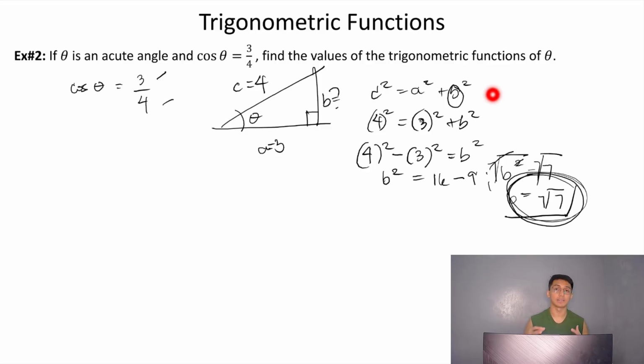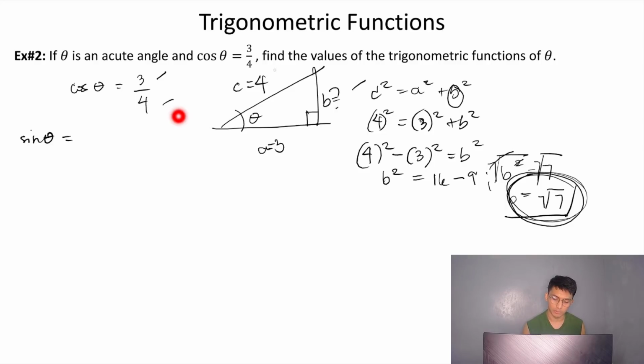And dahil alam na natin yung lahat ng value ng sides, pwede na nating malaman ngayon yung values ng 5 other trigonometric functions. Since we already know the cosine theta, let's start with sine theta to tangent theta, cosecant, secant, and cotangent theta. For sine theta, we have SO, or opposite over hypotenuse.